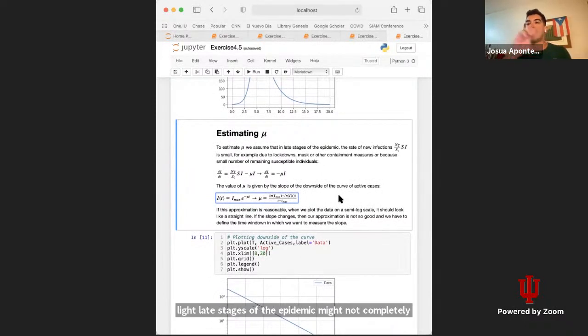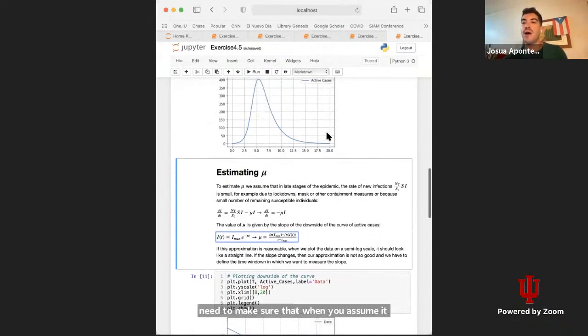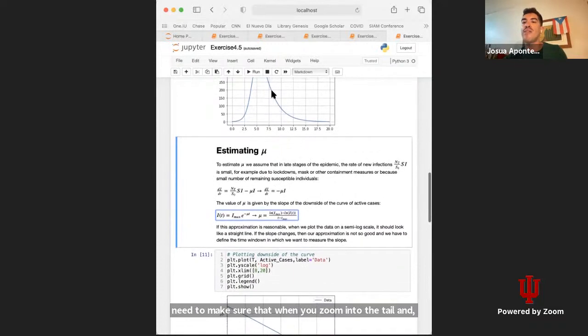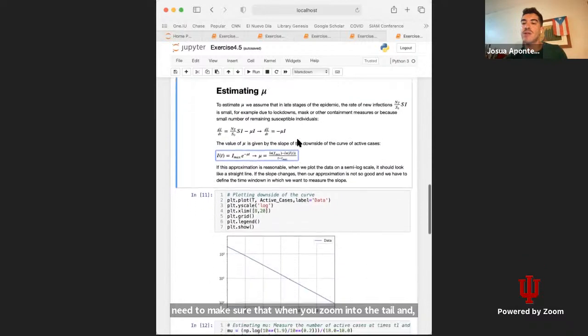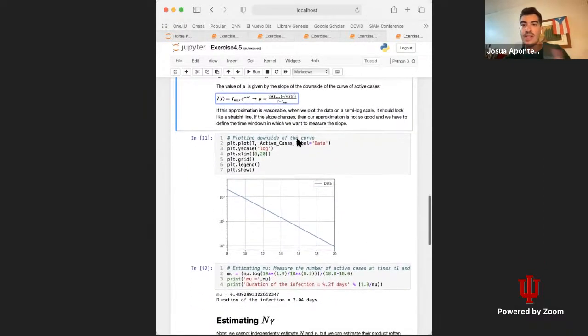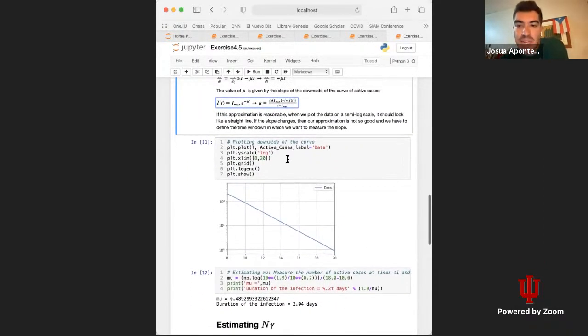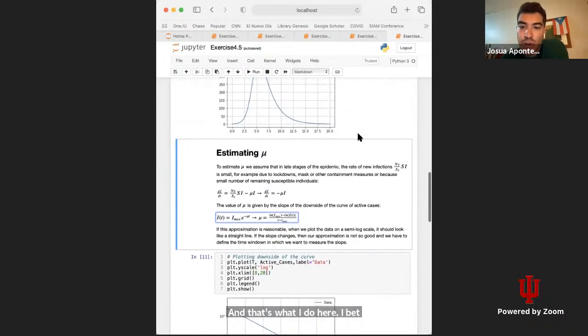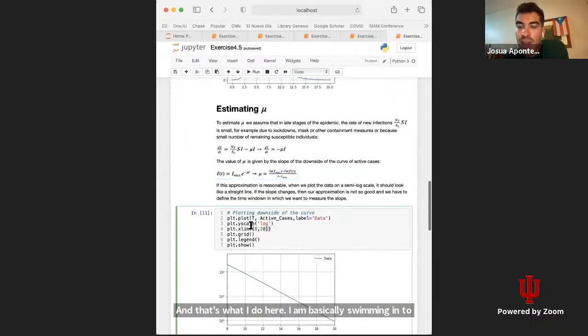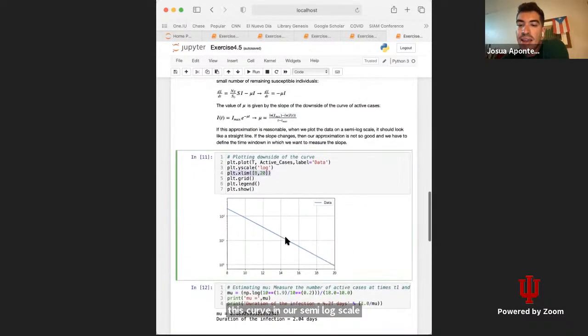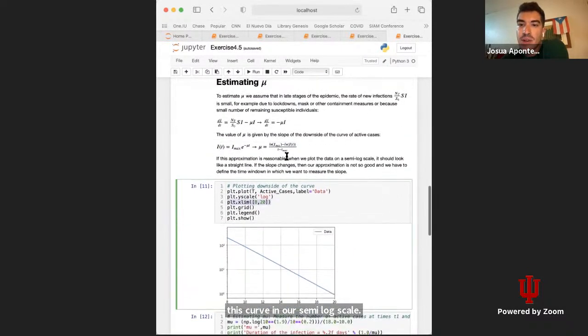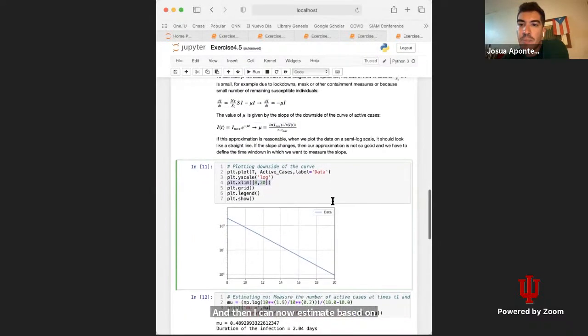So when you zoom into the tail end, you need to focus on a part where this becomes pretty much linear in a semi-log scale. That's what I do here: I'm zooming into this curve in a semi-log scale, and then I can estimate mu based on this equation.